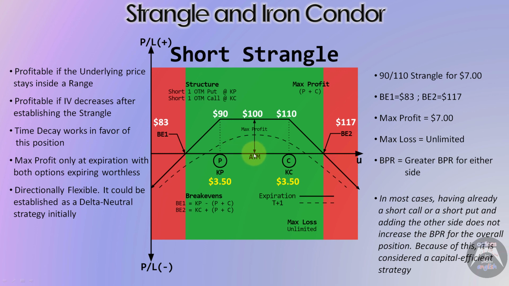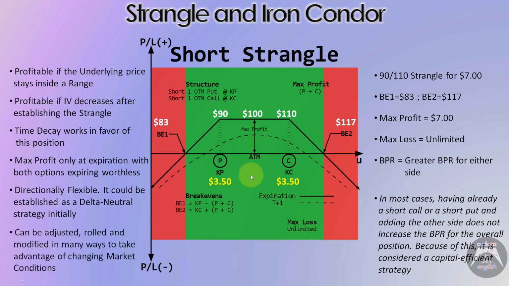And if the price starts going to the middle, then you're going to start making money, because this is at a point in price where it's the likeliest to expire worthless.